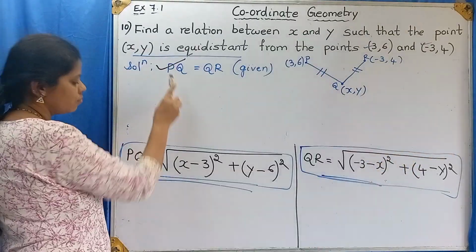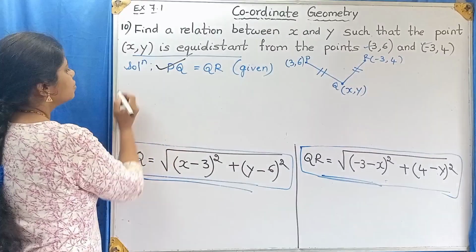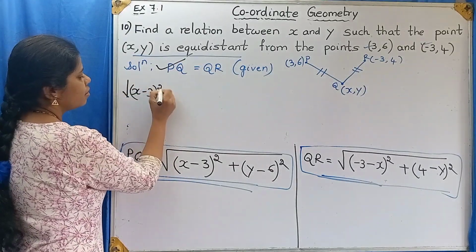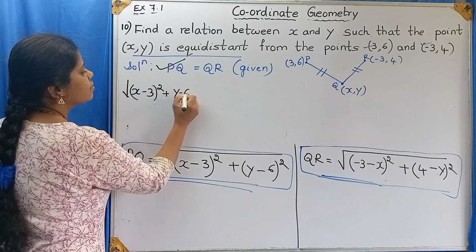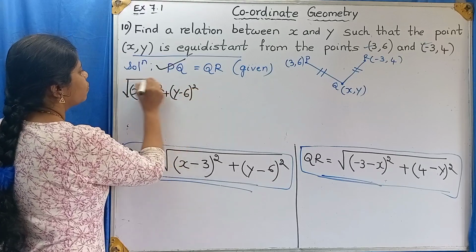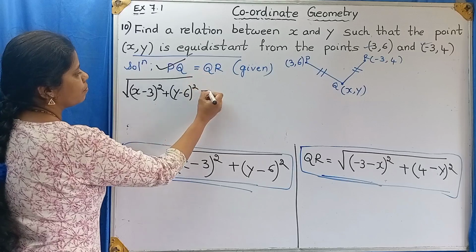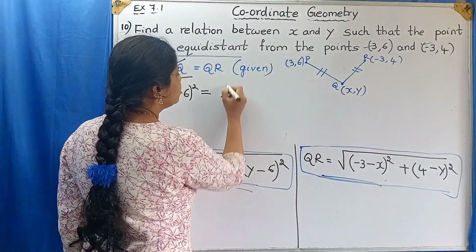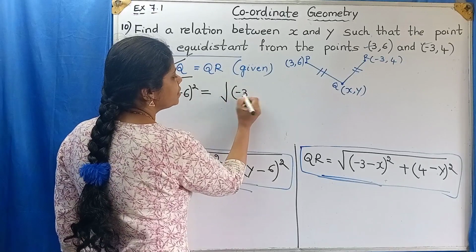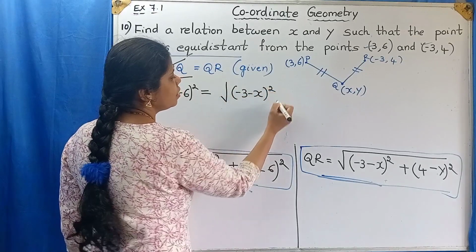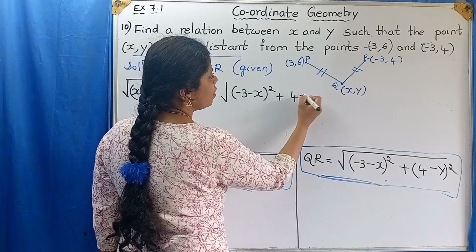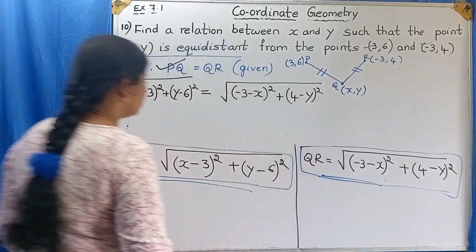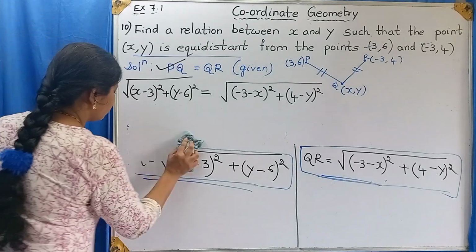Look at this PQ. The distance PQ is square root of (x minus 3) the whole square plus (y minus 6) the whole square, is equal to QR. The distance QR is square root of (minus 3 minus x) the whole square plus (4 minus y) the whole square.